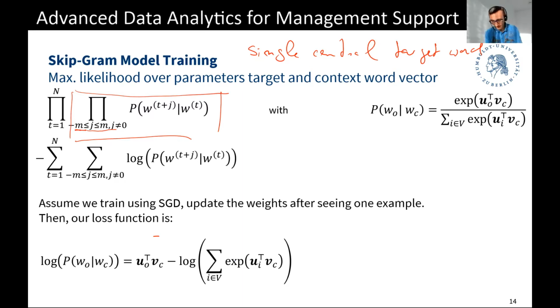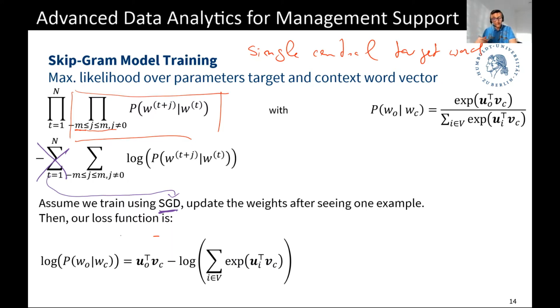And so the SGD effect means that we can get rid of the first part. And well, that does not mean that you can train word2vec only using SGD. It's just a simplification that we make here to simplify our notation.